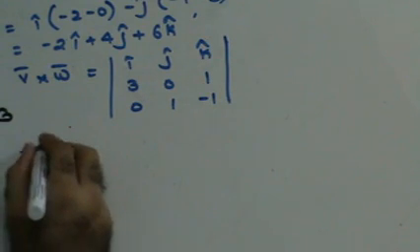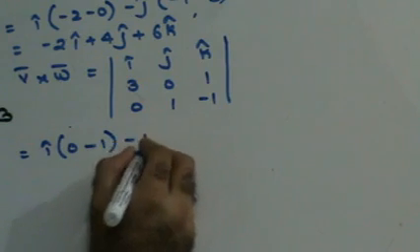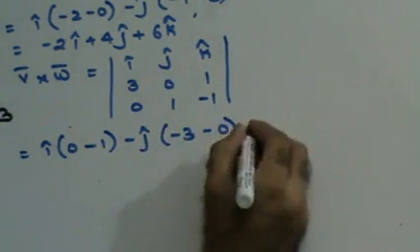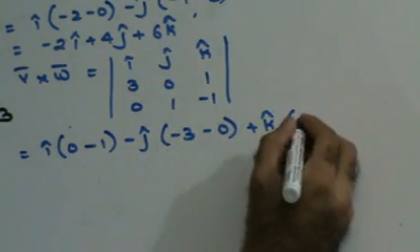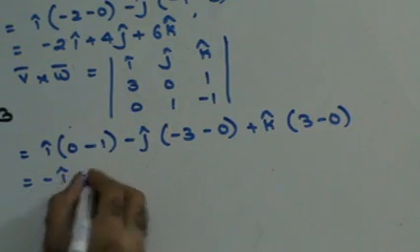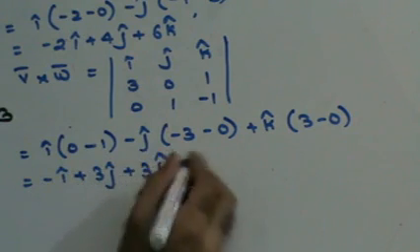So in that case you will have i vector, this is principal diagonal minus the other diagonal, minus j vector minus 3 minus 0, plus k vector 3 minus 0. This is minus i vector plus 3j vector plus 3k vector.